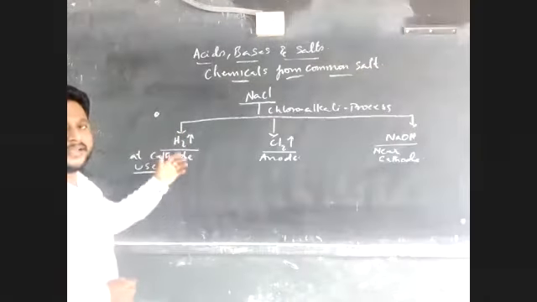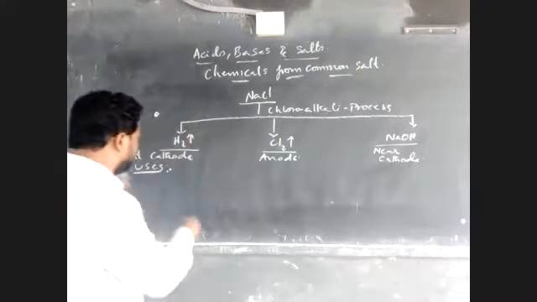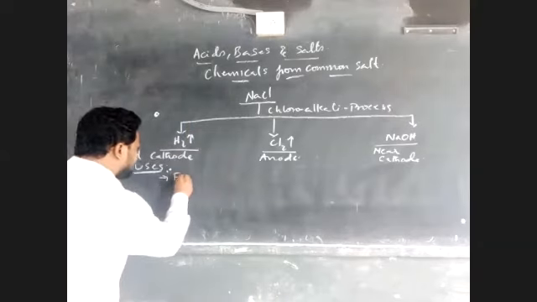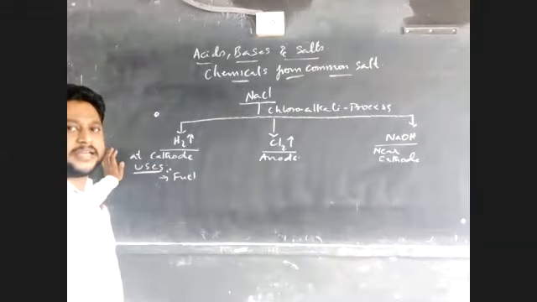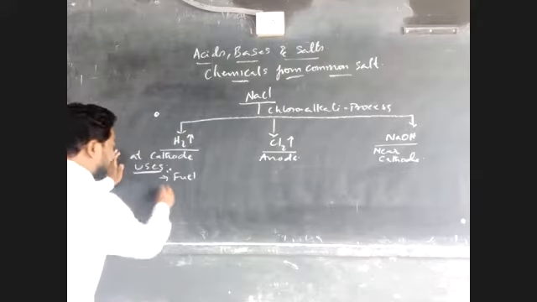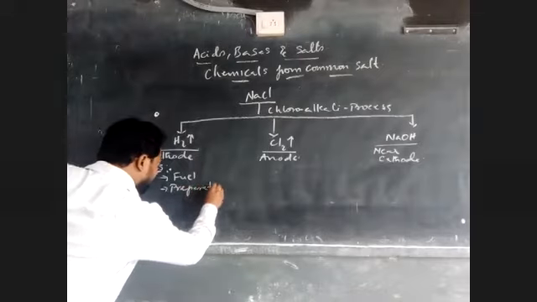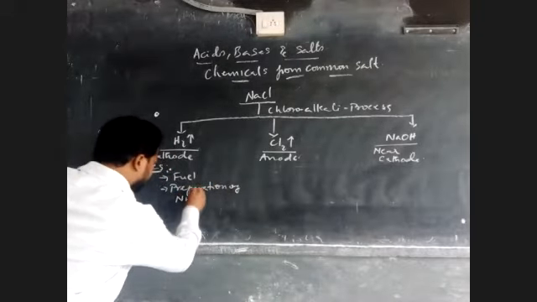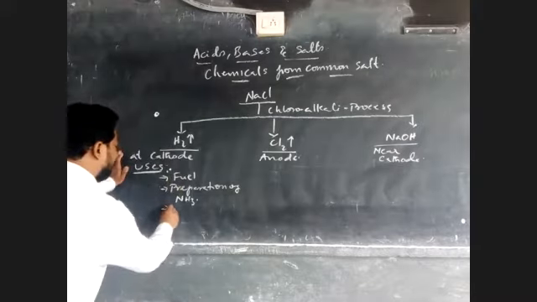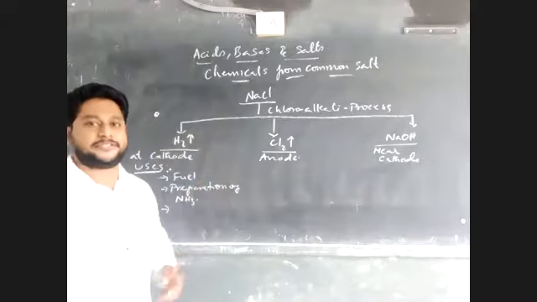At the cathode we get hydrogen gas. Now, what are the uses of hydrogen gas? The first thing is it is used as a fuel. Next, it is used in the preparation of ammonia gas, which is used in fertilizers.